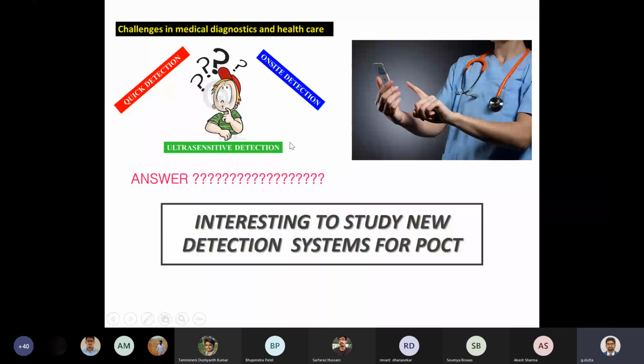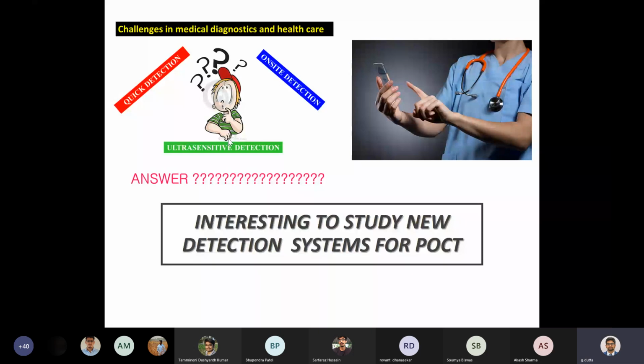And the third thing is ultra sensitivity. What is the meaning of ultra sensitive? It means the sensor should be very, very sensitive. If it is not, maybe the patient has this disease, right? But as your device is not sensitive, it will show a negative result.